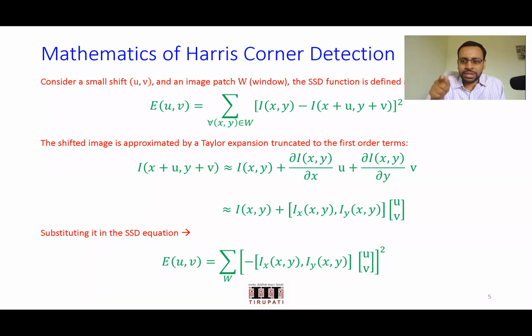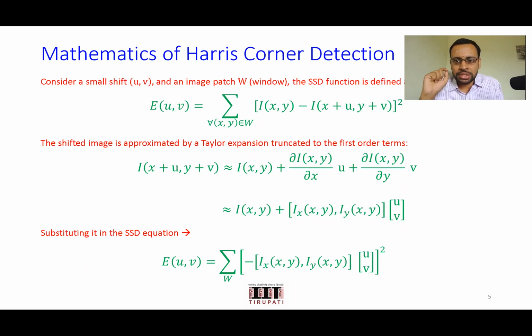You subtract the corresponding pixels and sum over the entire patch, and this is what ideally you want to have maximum value. Let me call that an energy function or an error function, whatever you want to call it. This is something you want to maximize, such that even a small movement of u in x and v in y would give you a maximum sum of squared differences. That is what you consider as a key point.